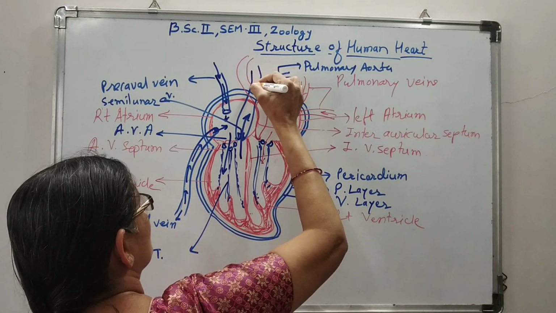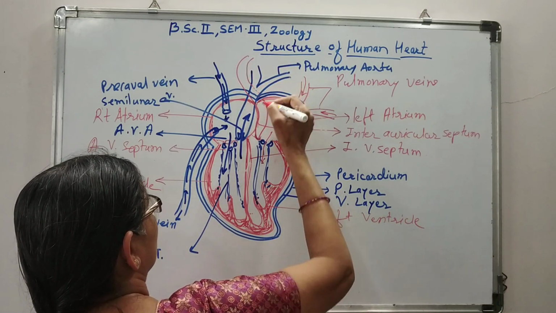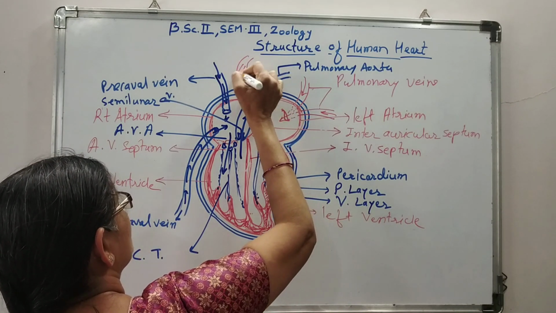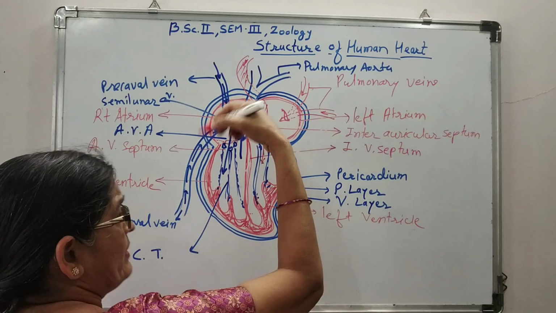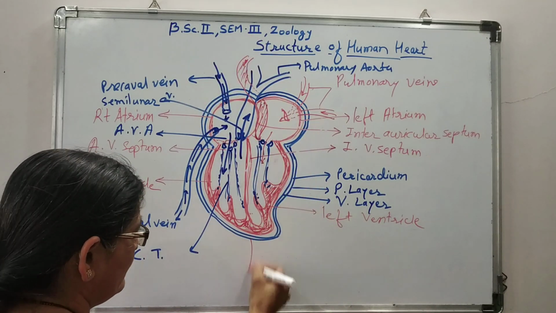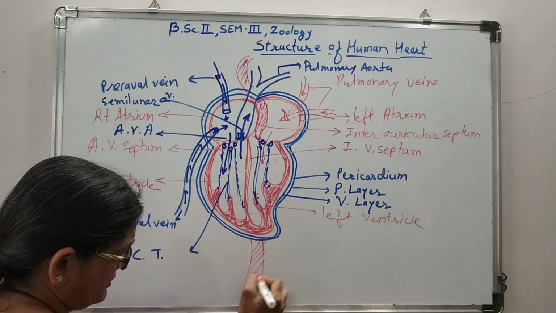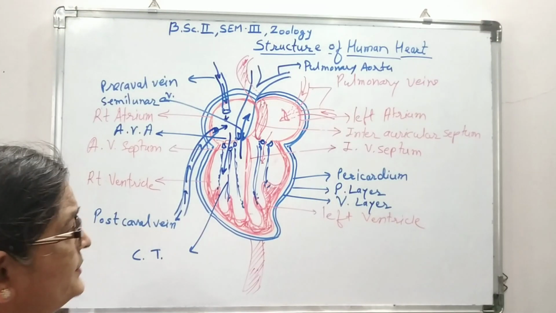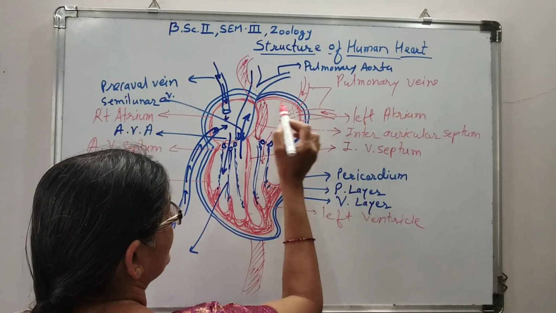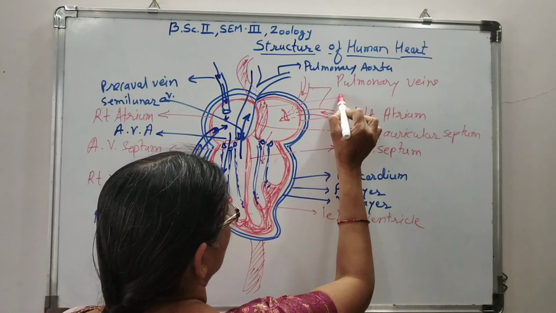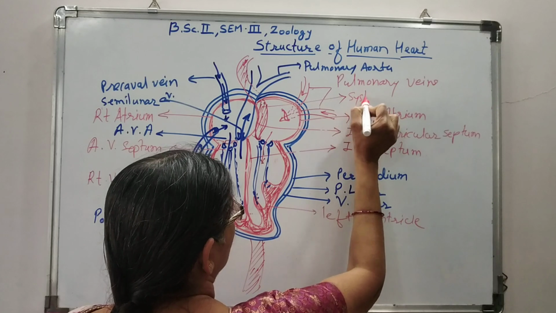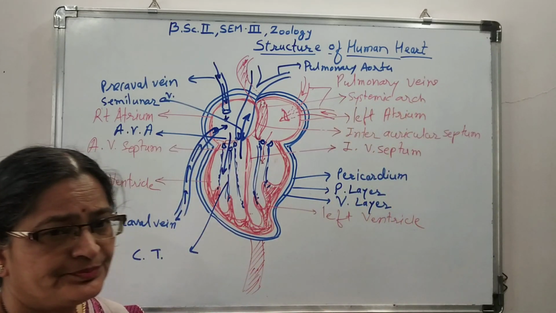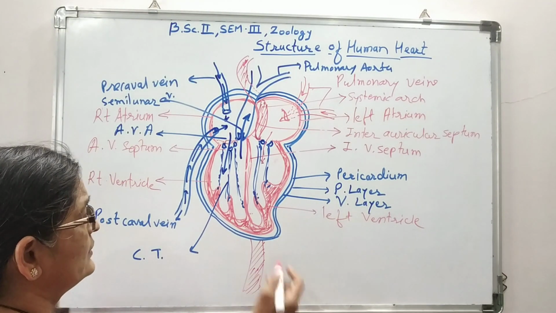This is the S-shaped blood vessel, and this large blood vessel passes on the dorsal side and comes as a dorsal aorta. This blood vessel is known as the systemic arch. This is the systemic arch.